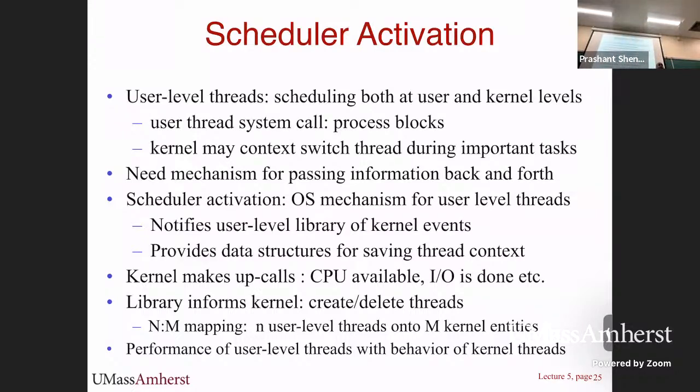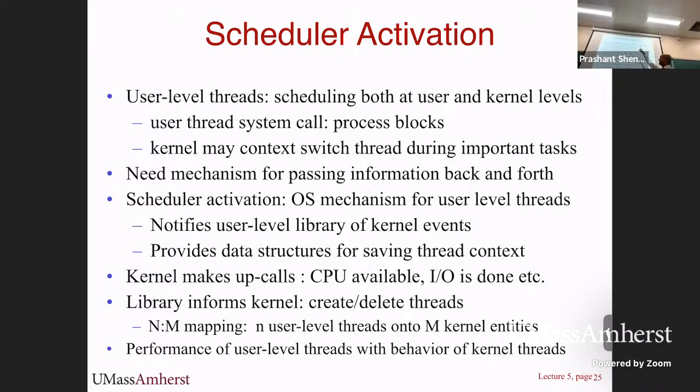The kernel doesn't know about their presence. So as soon as one thread blocks, the whole process blocks. I'm not going to go into all of these details, but the basic idea is the library scheduler works with the OS scheduler. The library scheduler informs the OS scheduler that there are multiple threads within the process. So as soon as you see a blocking call, don't block the whole process. There are other threads that can run.